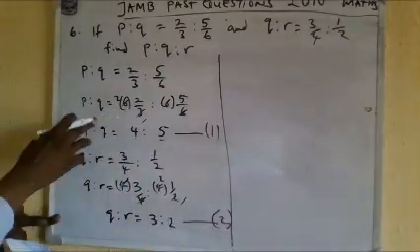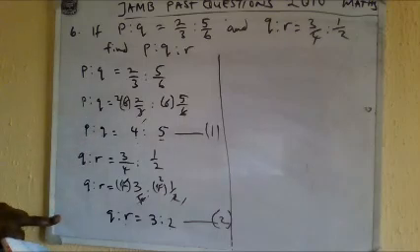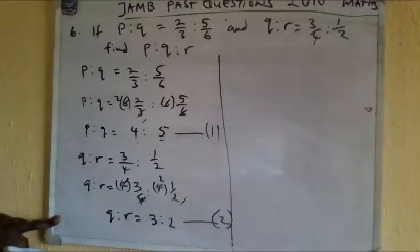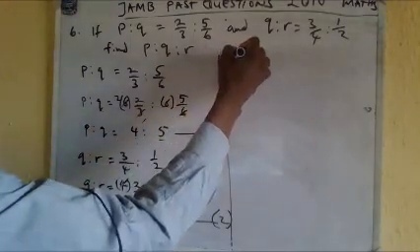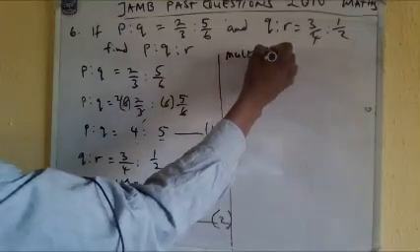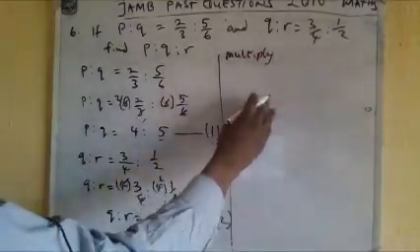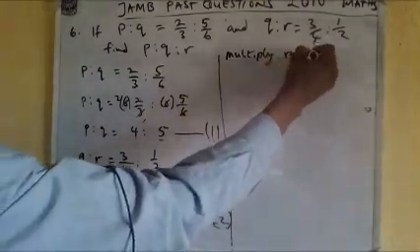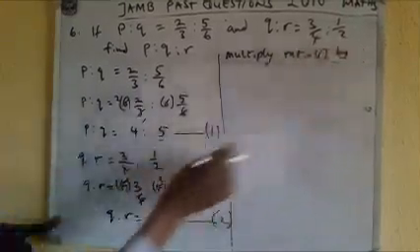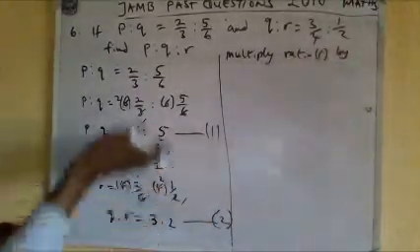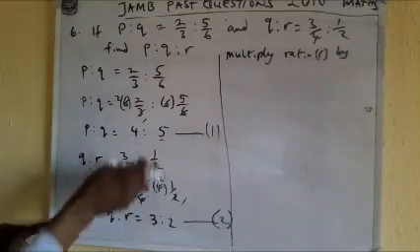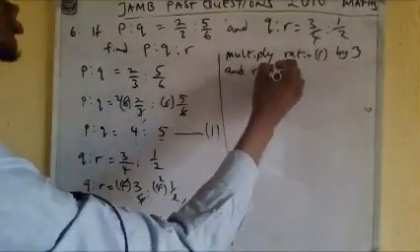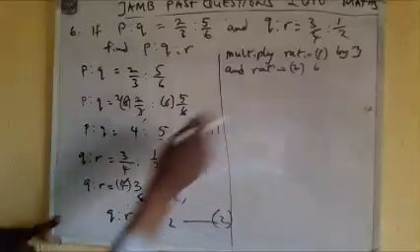I have to look for something to do to these two ratios so that the Q values will be the same. In mathematics, you must do the same thing to both sides. So multiply ratio 1 by 3 and ratio 2 by 5.